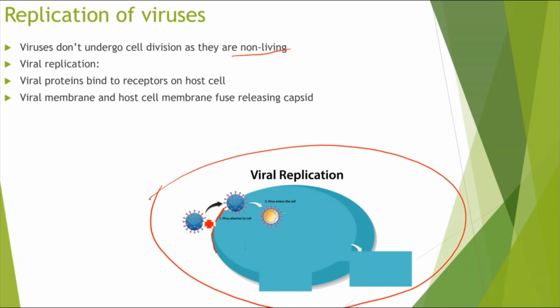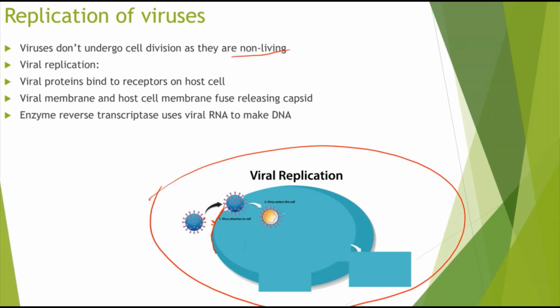So this purple protein is going to bind to a receptor on this host cell, and then the viral lipid membrane, as well as the cell membrane, the phospholipid bilayer, would fuse, and this would cause the virus to enter the host cell. As you can see, this virus has entered, and the virus would release its capsid.